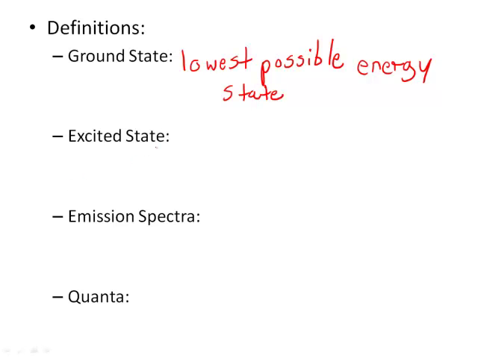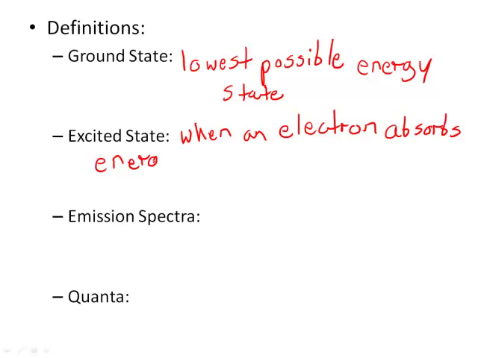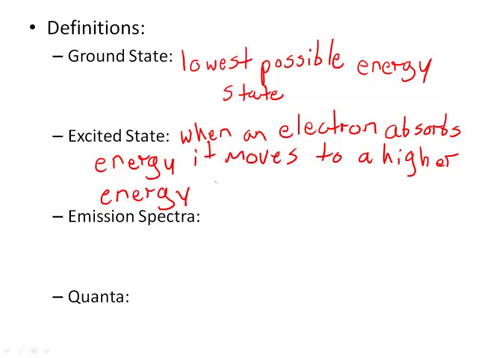An excited state is when an electron absorbs energy, it moves to a higher energy level, and it is unstable. So it doesn't really like the excited state. It wants to move back down to the ground state.